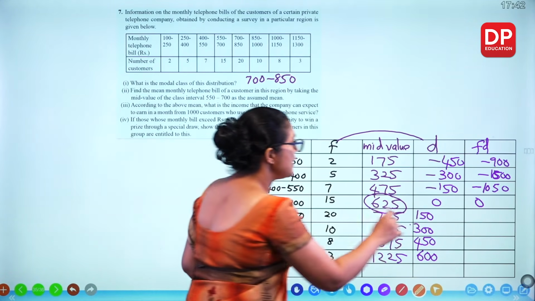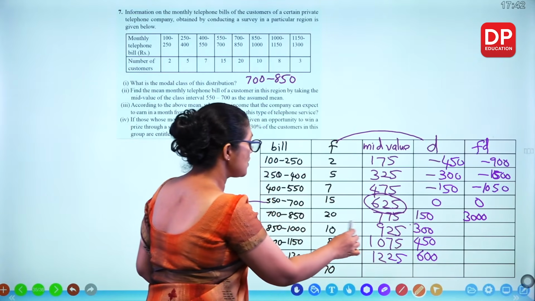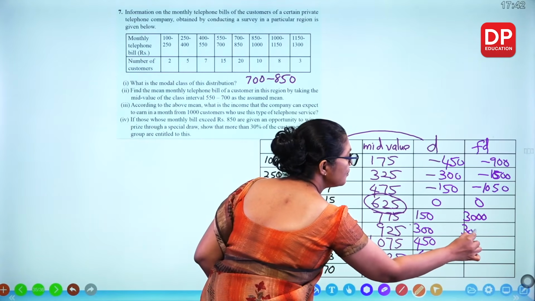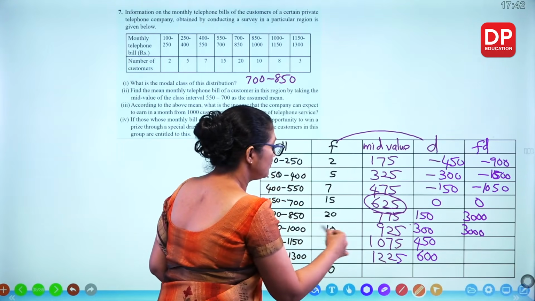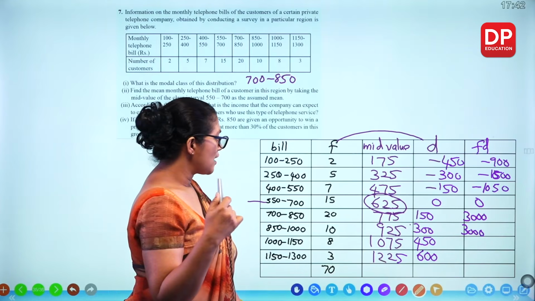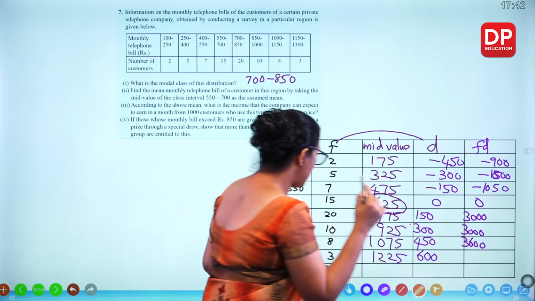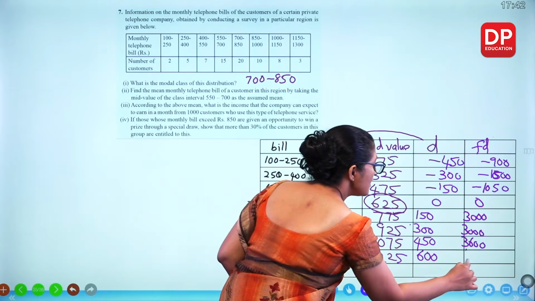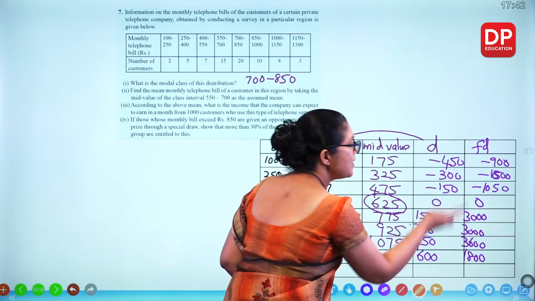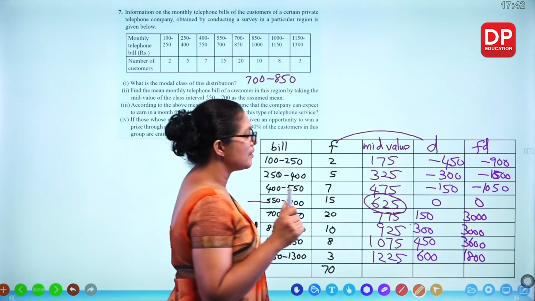When you multiply by this, you get 3000. This one again 3000. 450 times 8, you get 3600. And this, 1800. Now add separately, add the positive values and the negative values.